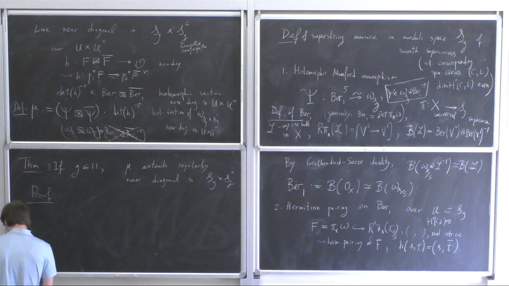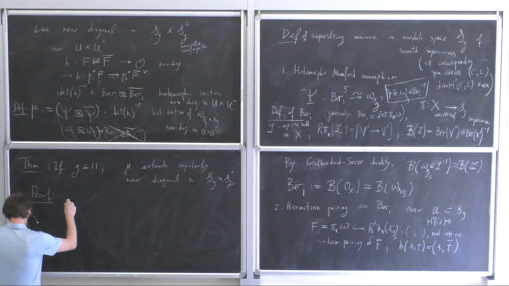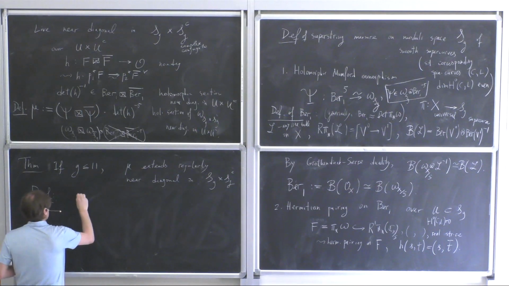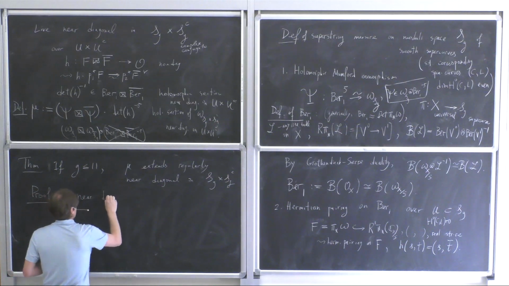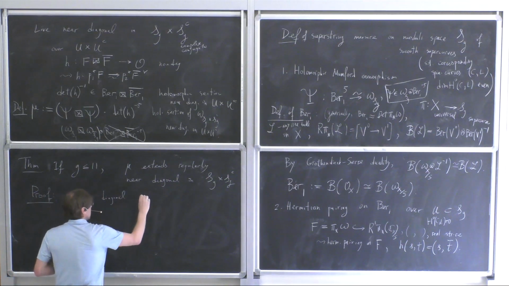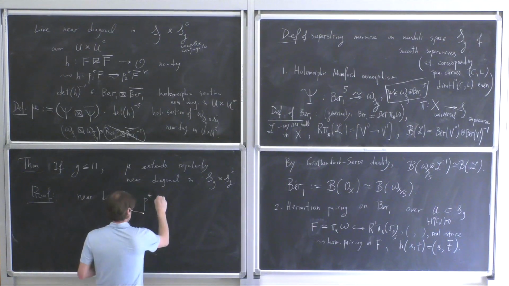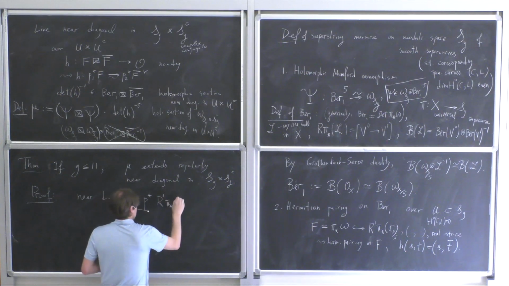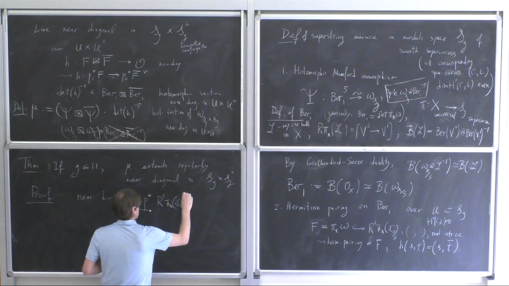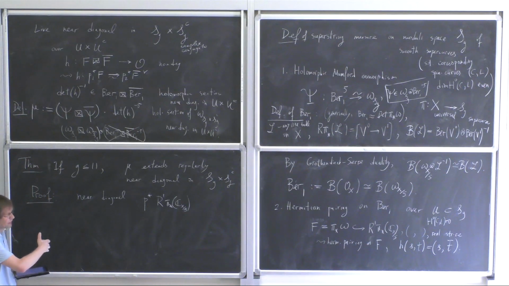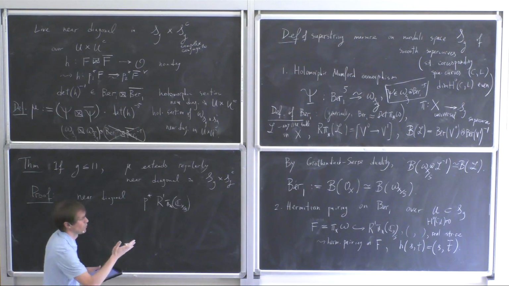So first of all, near the diagonal, remember we had this symplectic bundle of H1s, and we can identify its pullback from the first factor with its pullback from the second factor.